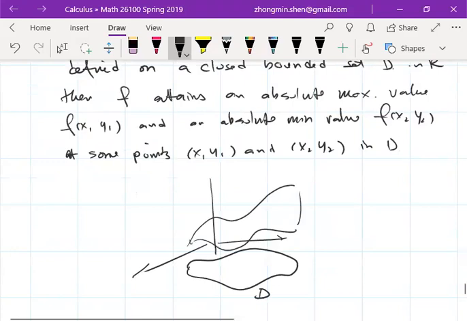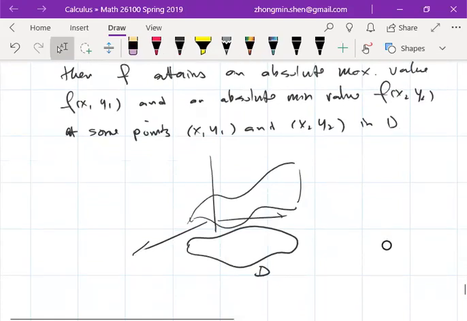So this is a graph. You can definitely find the highest point and the lowest point. At the highest point, the function attains an absolute maximum value. At the lowest point, the function attains the absolute minimum value. Now, how do you find the absolute maximum value?